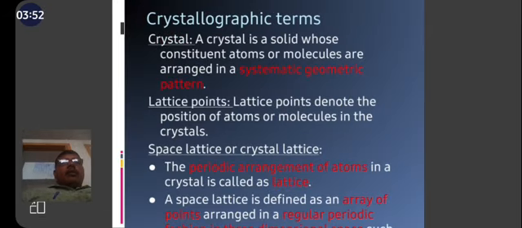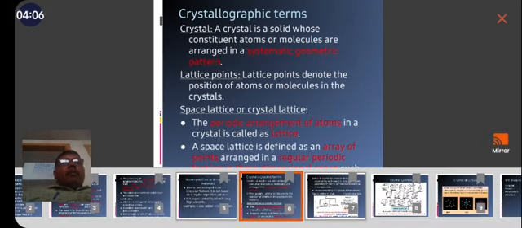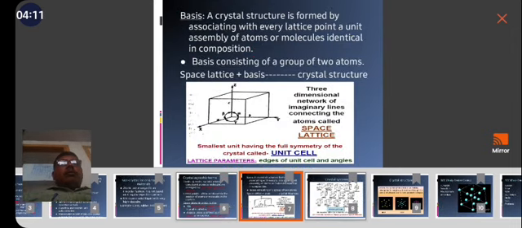A space lattice is defined as an array of points arranged in a regular period. In this diagram, we see how the three-dimensional network of imaginary lines connecting the atoms is called a space lattice.